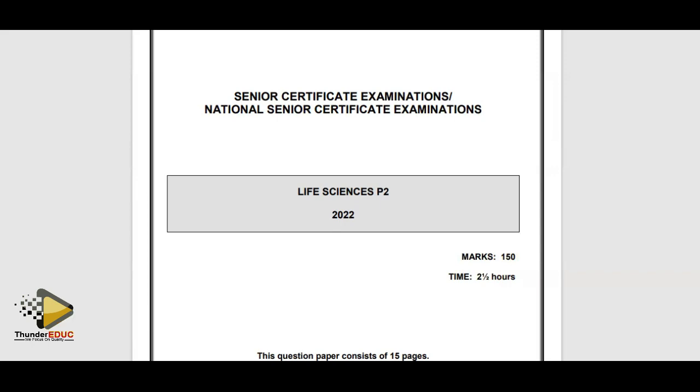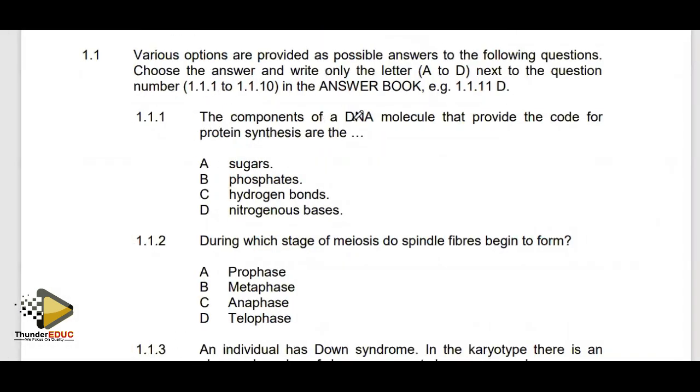On the side of the objective, I'm going to be a bit faster. Let's start with Section A. Which component of the DNA molecule provides the code for protein synthesis? What causes this are the nitrogenous bases.